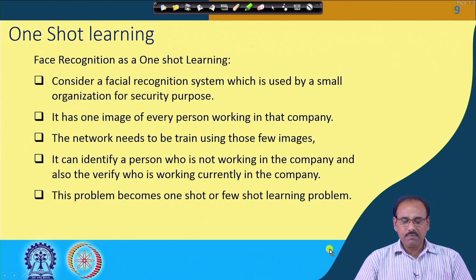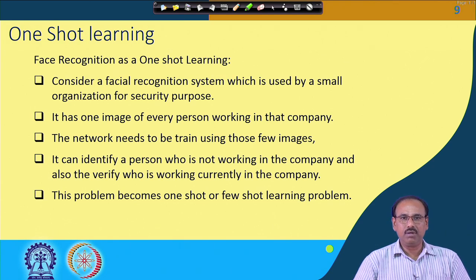Think of a situation where a face recognition or face-based authentication system is used by a very small organization for security purposes, and that organization has a small number of employees.